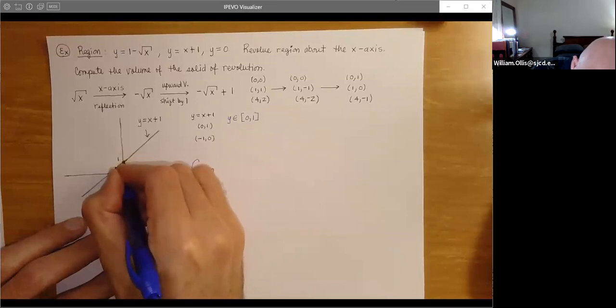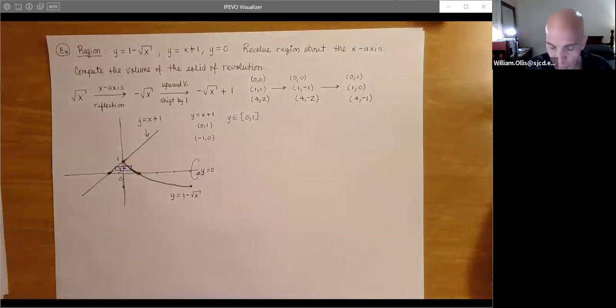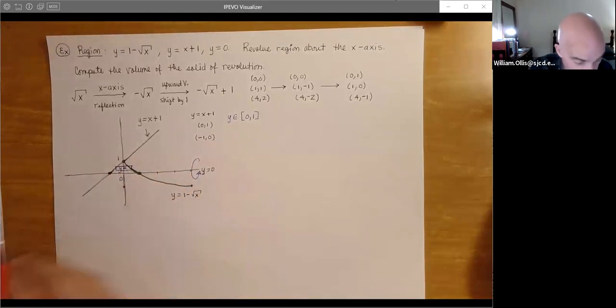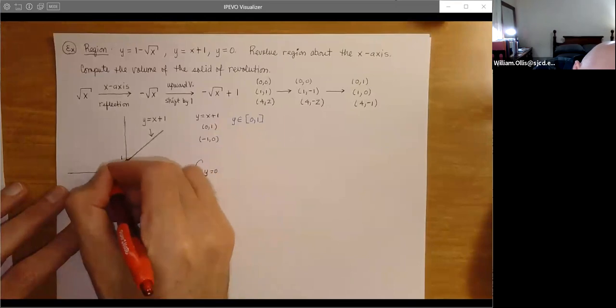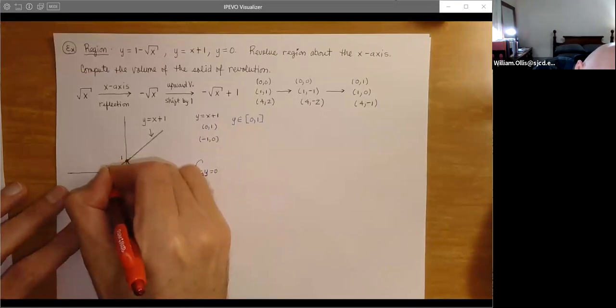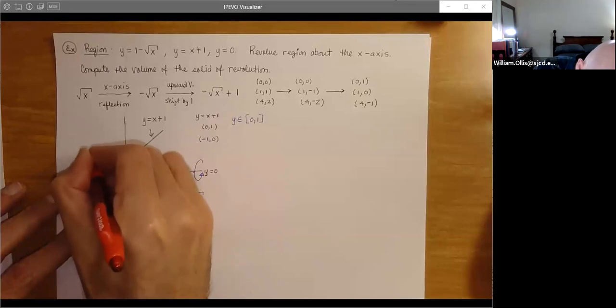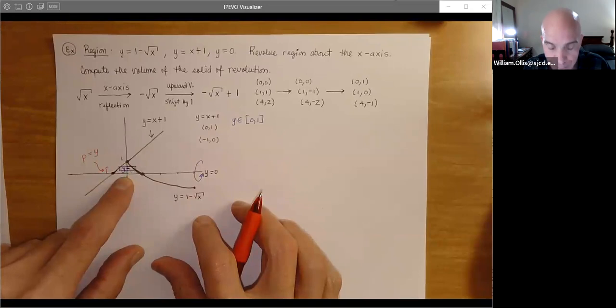So here's the y right there. And now we're like we had with the last problem. The distance to the axis of revolution is just y in this case. Sometimes the p part is the easiest. So let me go ahead and mark this in. Little curly brace there. p will just be y. That is the distance to the axis of revolution.